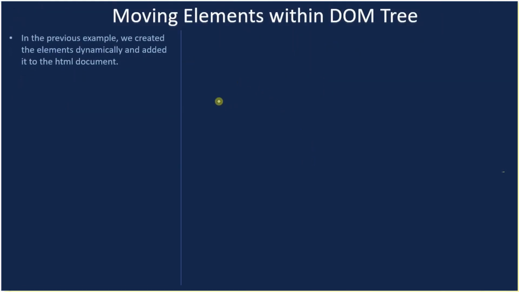In the previous example, we created the elements dynamically and added them to the HTML document. Right? We created anchors using the prependTo and appendTo methods, as well as using the insert before and insert after methods.